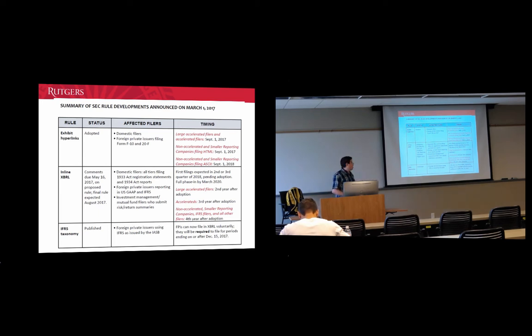They're processing through that, and hopefully next month we'll have the final rules. By March 2020, everyone's going to have to adopt this. Once that happens, all these different phase-in options come. But this slide is great.